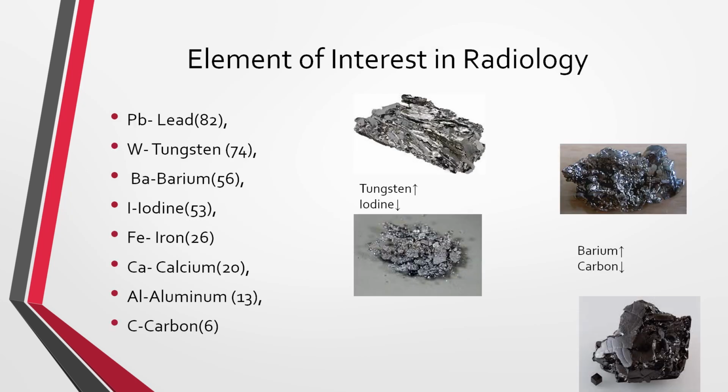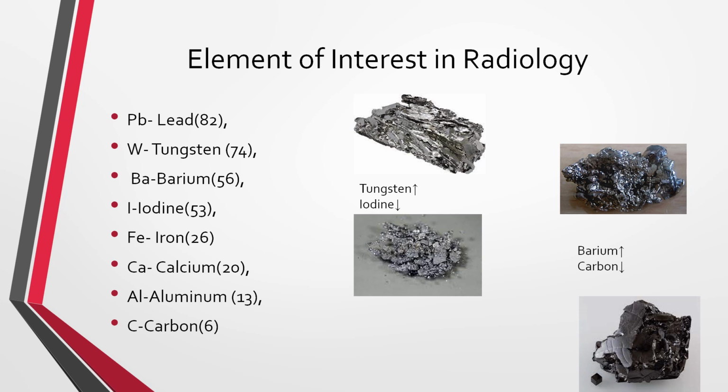Okay, so on this next slide, we'll talk about some elements of interest in radiology. Some you may have an idea of why they're interesting. We'll explore them later in other lessons, other videos.